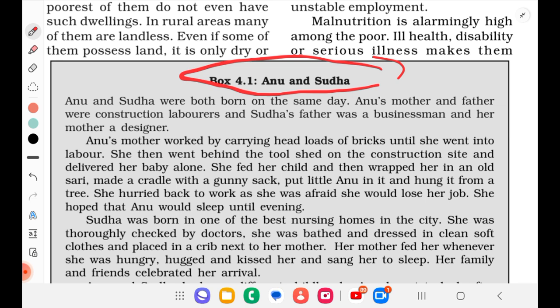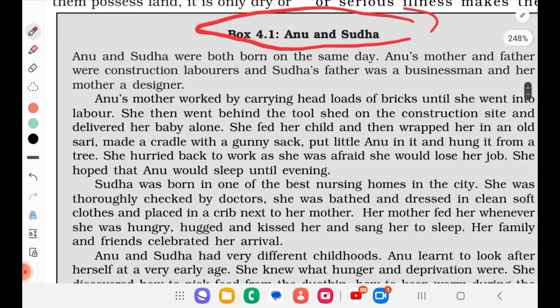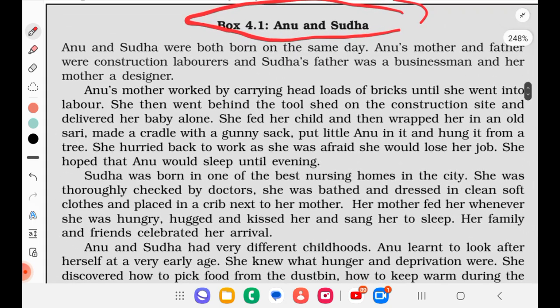She fed her child and then wrapped her in an old sari, made a cradle with a gunny sack, put little Anu in it and hung it from a tree. She hurried back to work as she was afraid she would lose her job. She hoped that Anu would sleep until evening.